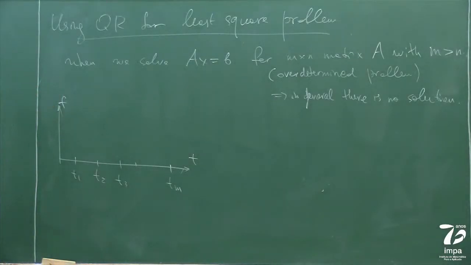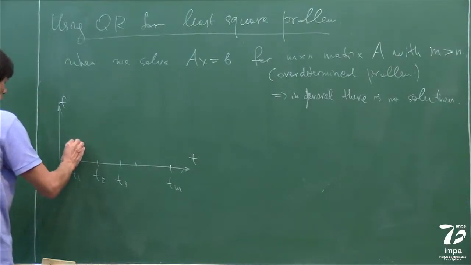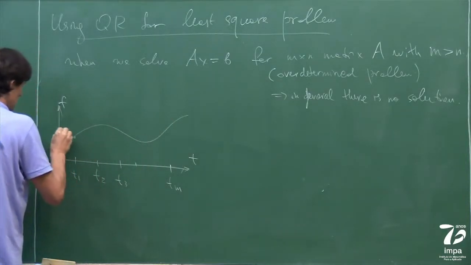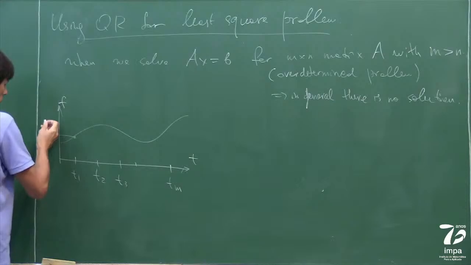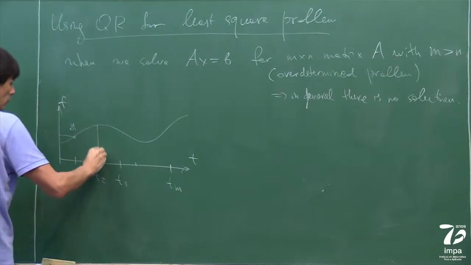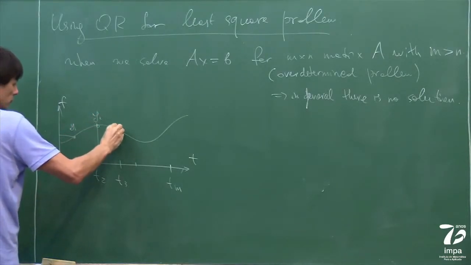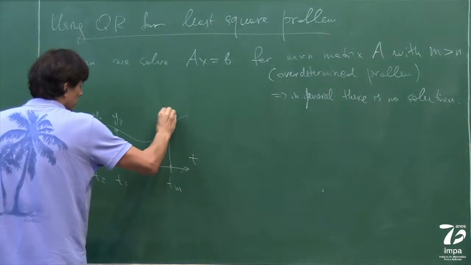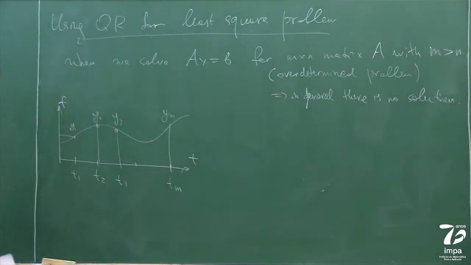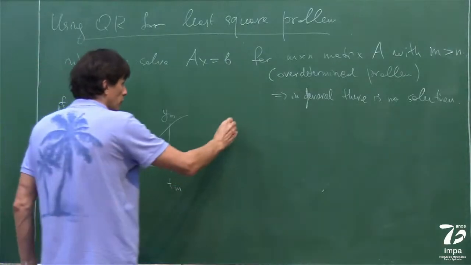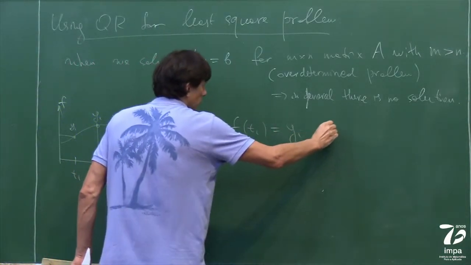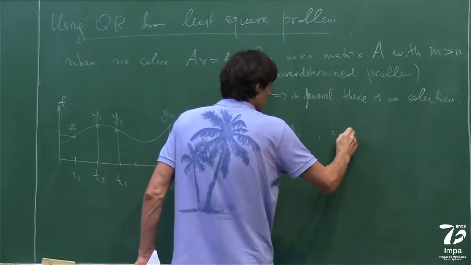So you have m measurements, and at every time you got values y1, y2, y3, till ym. So what you have is that your function at time ti equals yi for i from 1 to m.